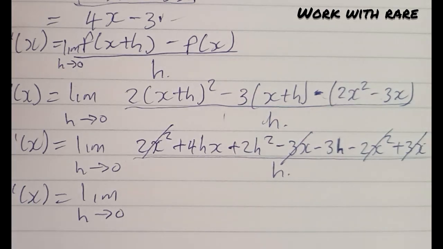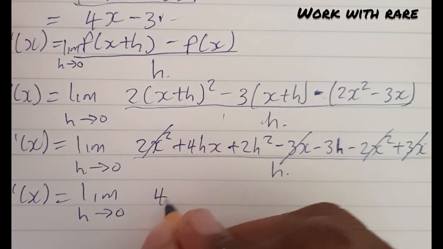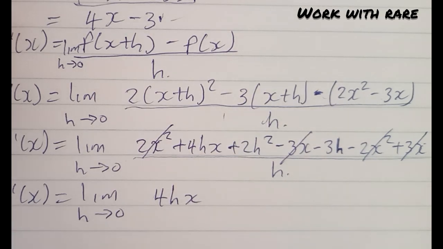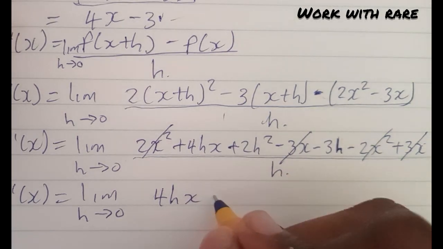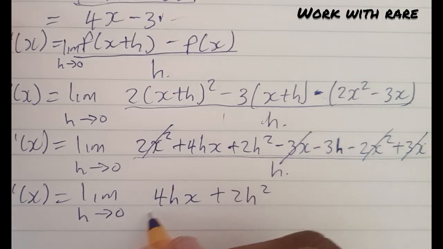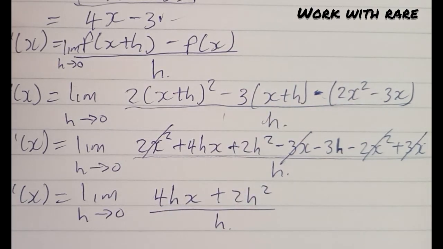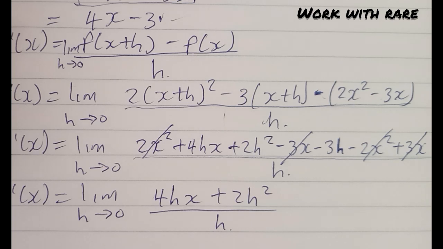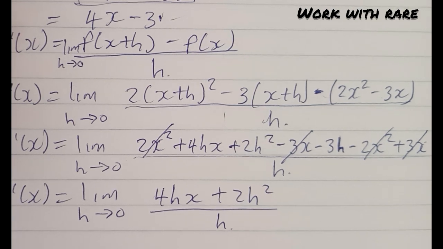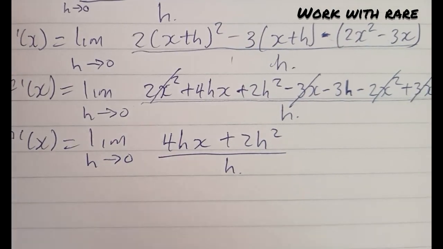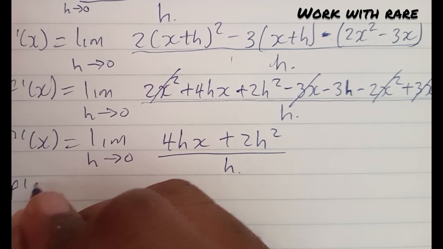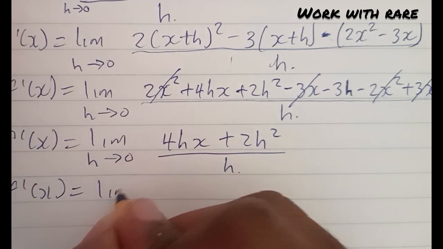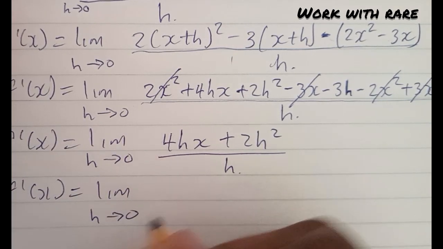Now we will have 4hx plus 2h squared all over h. When we get to this step, we can see on our numerator we have a common factor. So I will say limit as h goes to 0.